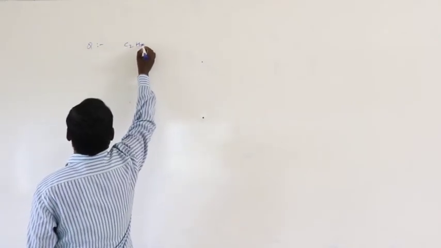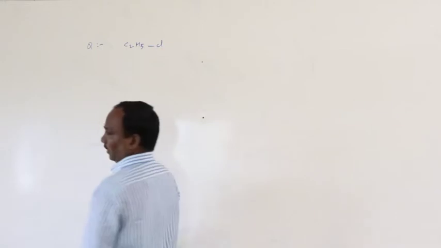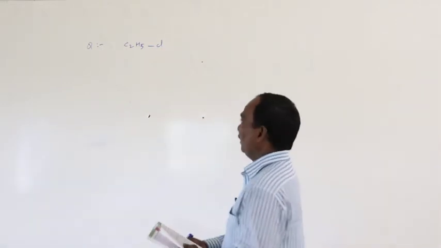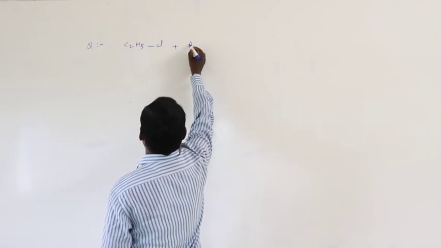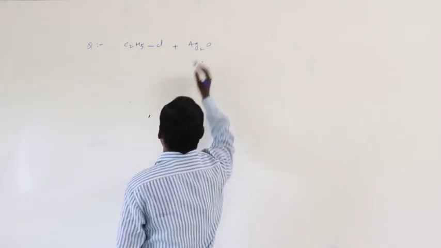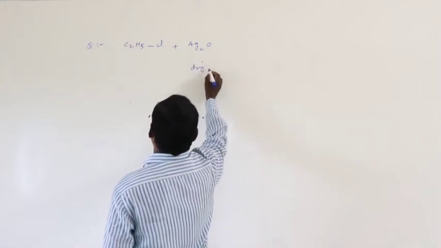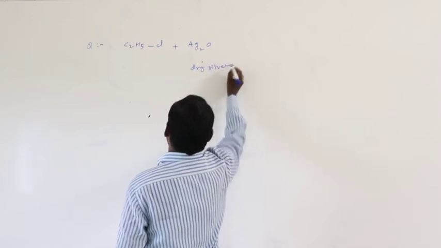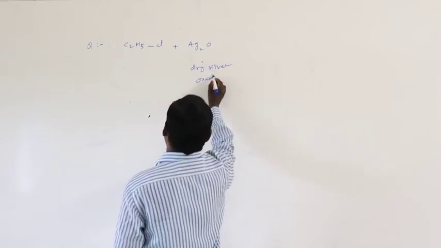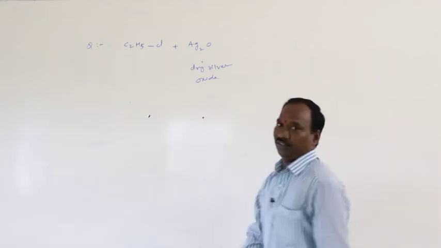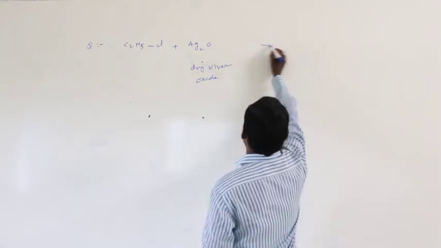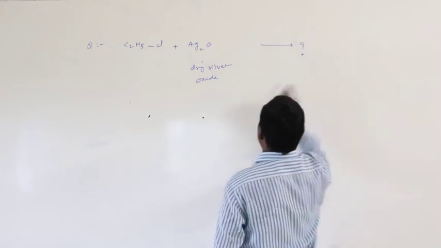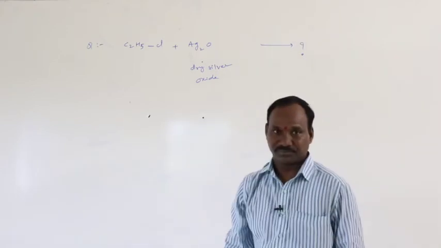Ethyl chloride, C2H5Cl, on treatment with dry silver oxide, Ag2O. It is dry silver oxide. Ethyl chloride with dry silver oxide. What are the expected products in this reaction?